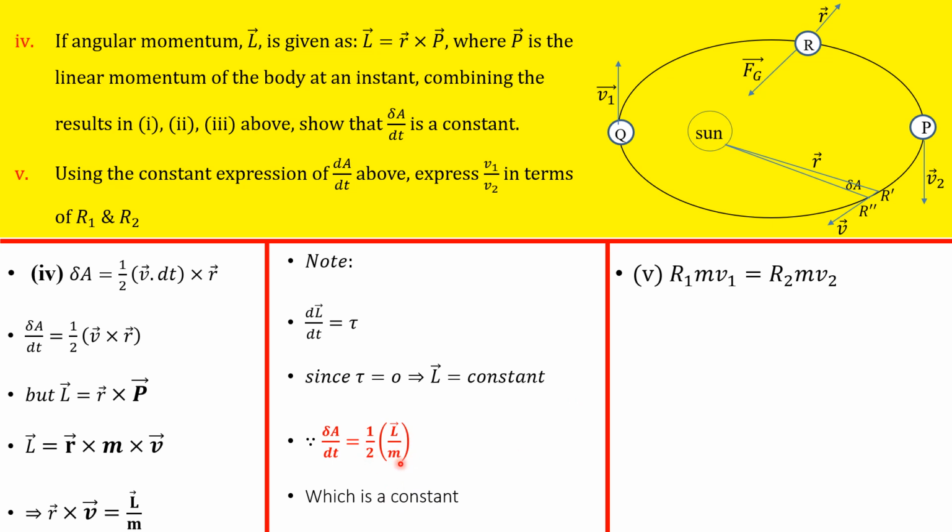So the conservation of angular momentum as the planet describes elliptical paths about the sun is an interpretation of Kepler's second law. So m can go off, and we have r1 v1 equals r2 v2, which means that v1 over v2 is r2 over r1. That's the relationship we needed, and that's what we have demonstrated.